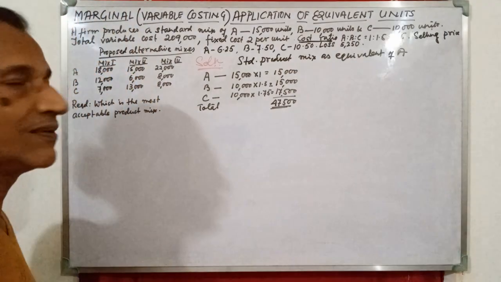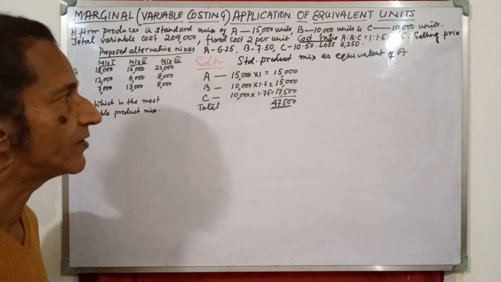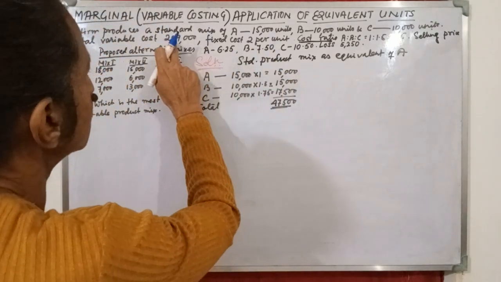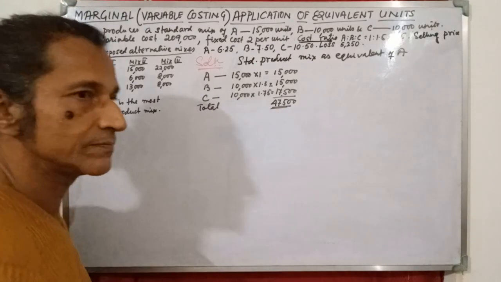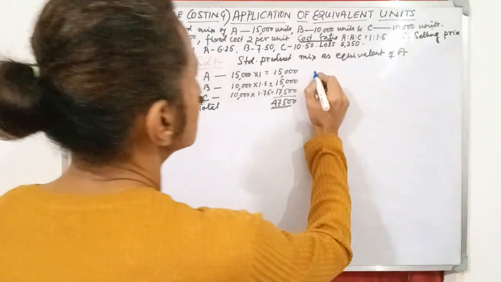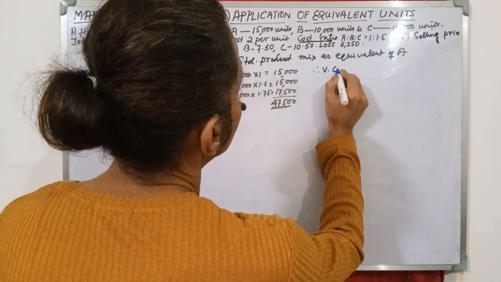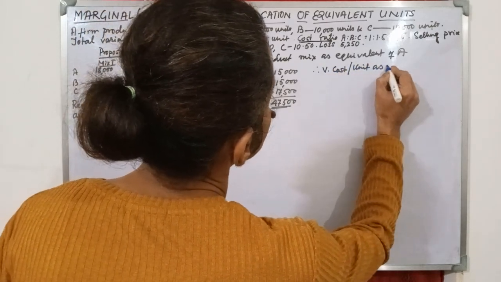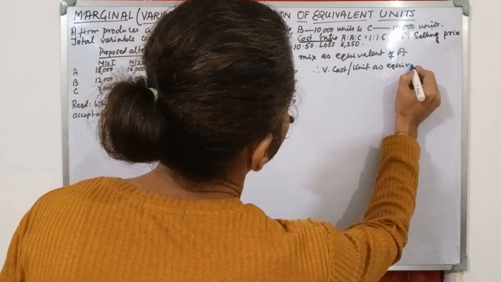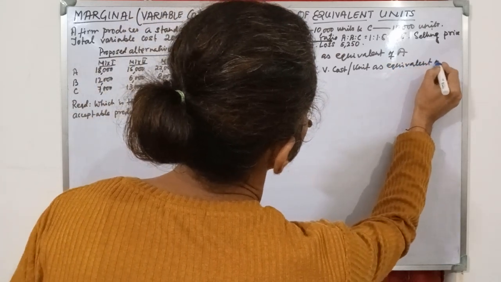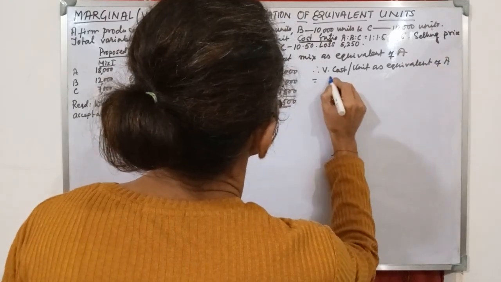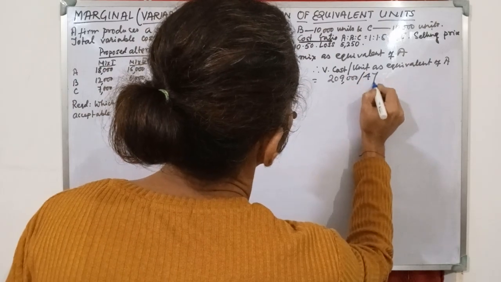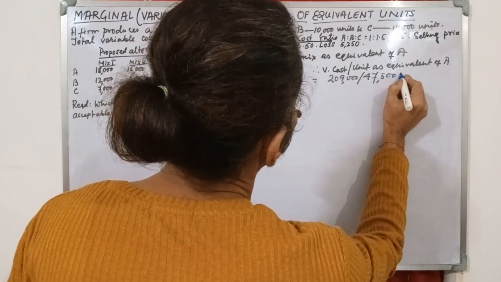Now total variable cost is given, so you can easily find out the variable cost per unit by dividing 209,000 by 47,500. Therefore, variable cost per unit as equivalent of A is equal to 209,000 divided by 47,500.